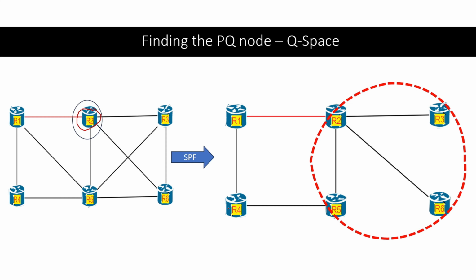You might be thinking, why not R4? But R4 has the ECMP path via this node and via this node. Means it can send the packet over the protected link or via this link. Hence, it is not considered as a part of Q space.